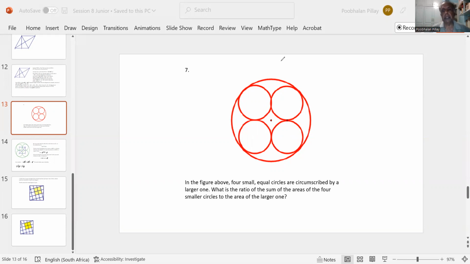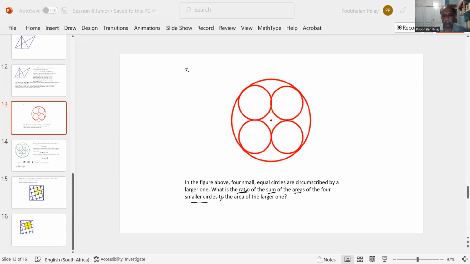Right, so this is a problem on area, and the question is, what is the ratio? Let's just unpack that. What is the ratio of the sum of the areas of the 4 smaller circles?